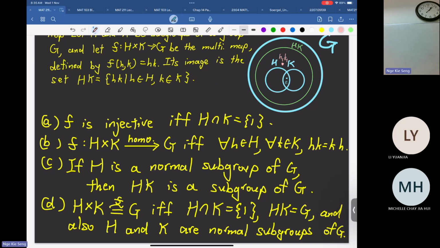Let's prove this. I'll let you try first, maybe five minutes. Try any one of them. There are seven directions here, and you need to prove these four points.